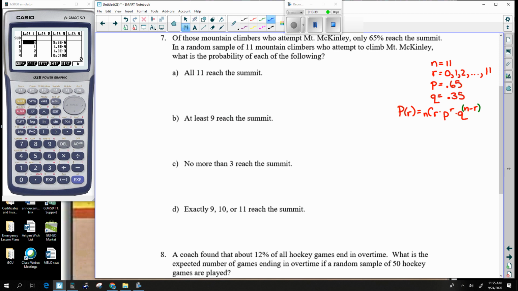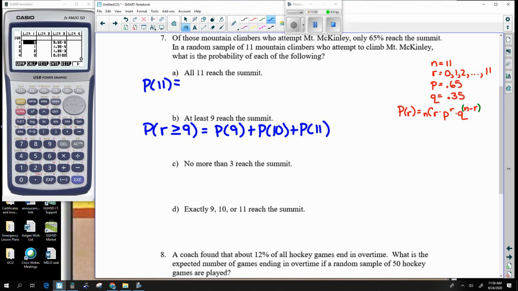The first one is the probability that all 11, so that's just the probability of 11, that's easy peasy. At least 9, so that means the probability is greater than or equal to 9, so that would be 9, 10, and 11.